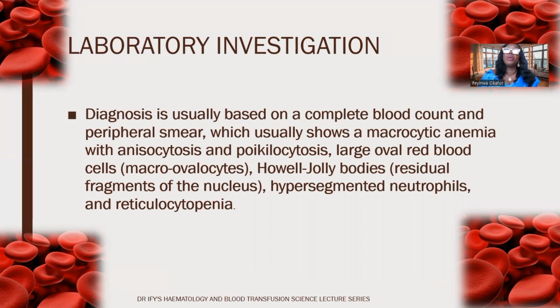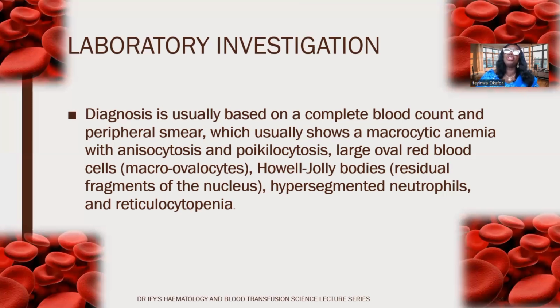The complete blood count will tell us the hemoglobin level, which obviously will be low, the MCV, which obviously will be high, and MCHC and MCH, which obviously will be low. And we now look at the peripheral blood film, and we have macrocytic anemia.